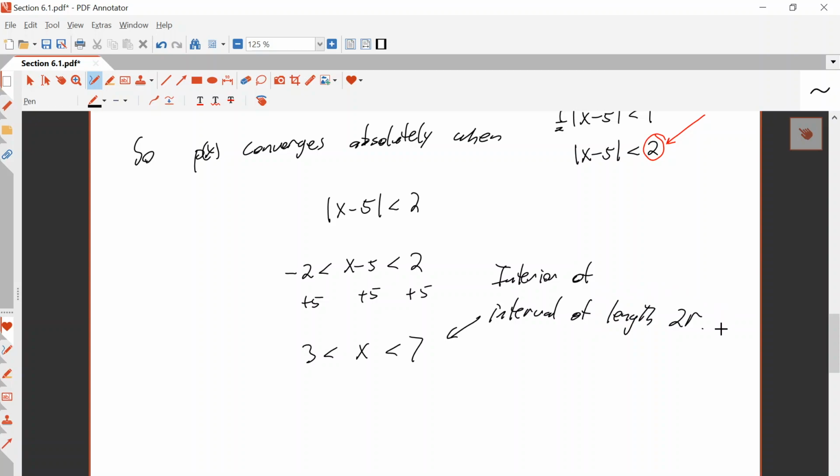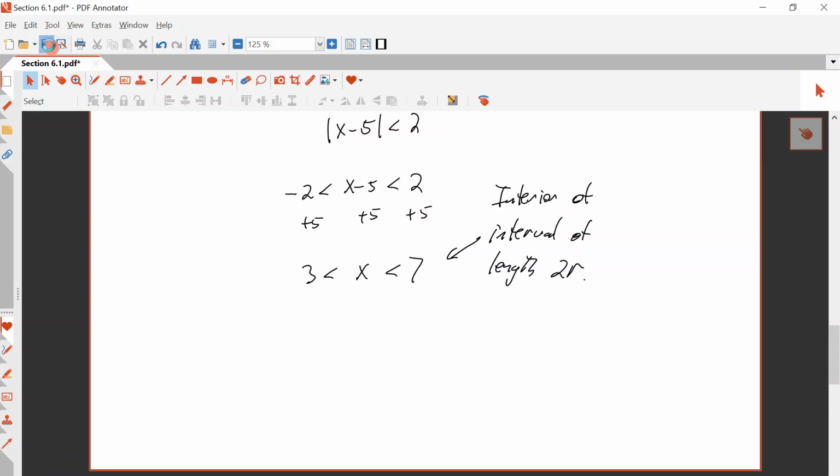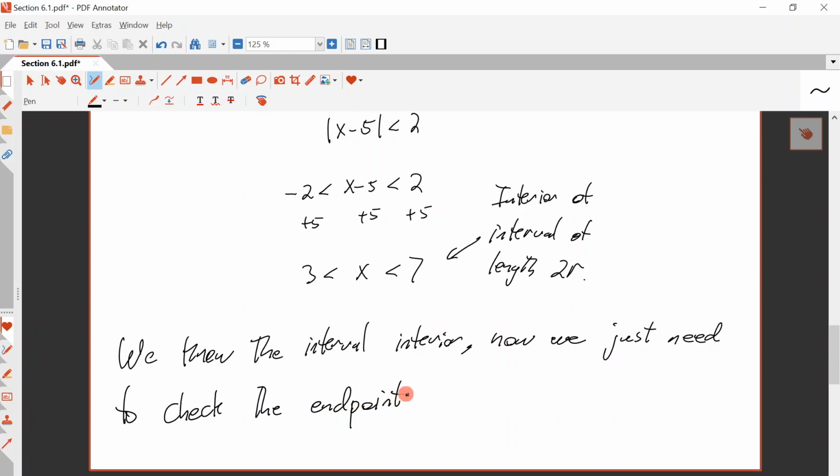So now all that's left is to check the endpoints. The endpoints are 3 and 7.